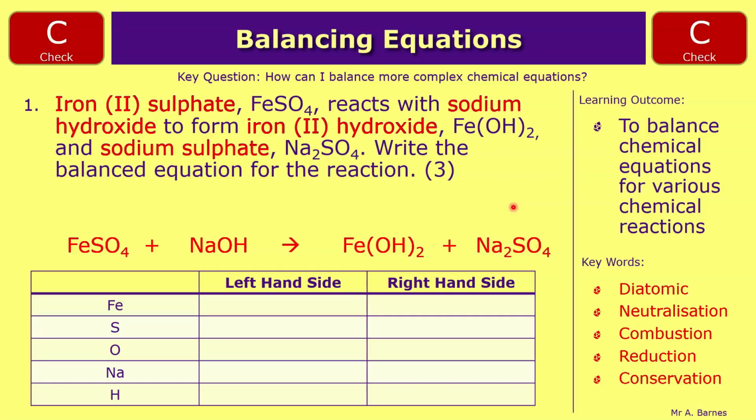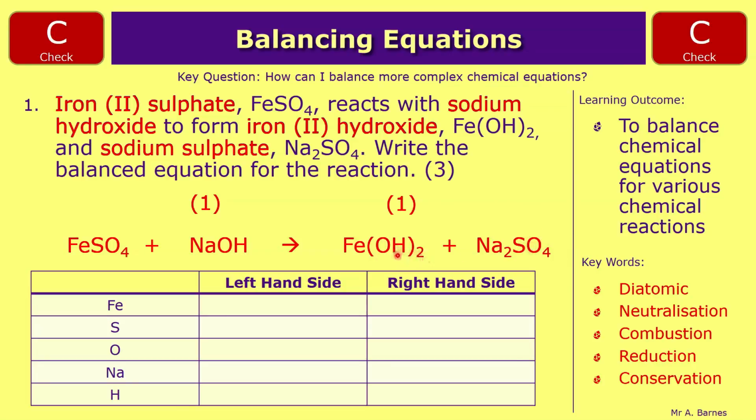So your next job is to count up how much we've got. So Fe, we have 1 iron, S, we have 1, and then we've got 4 oxygens, but we've also got another 1 over here, so that's 4 plus 1 is 5. We've then got 1 Na and 1 H. On the right hand side we have 1 Fe, then we have 2 oxygens plus our 4 from over here, so we have 6.